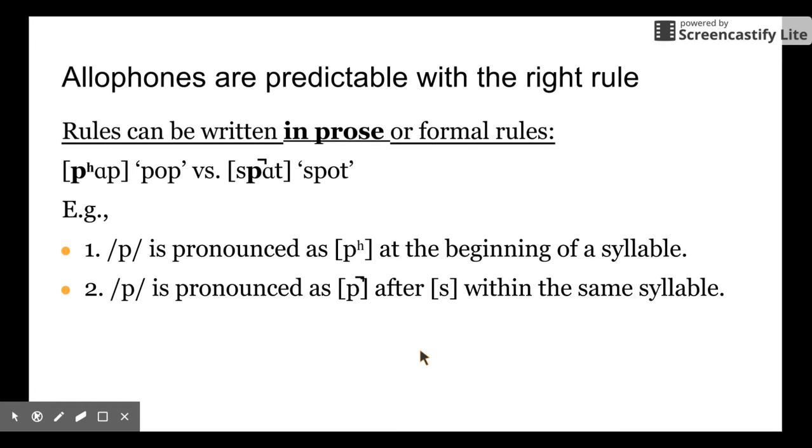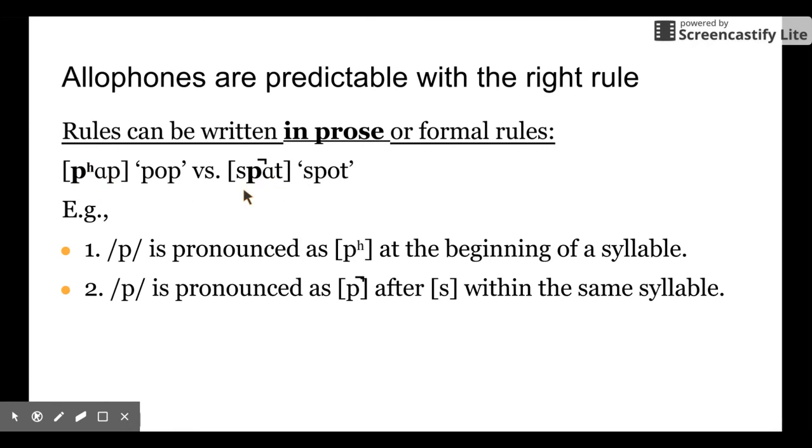So actually rules can be written in prose or informal rules. We can try to use prose first. The P sound here at the beginning of the syllable will have an aspiration. For example, pop, we have an aspiration.